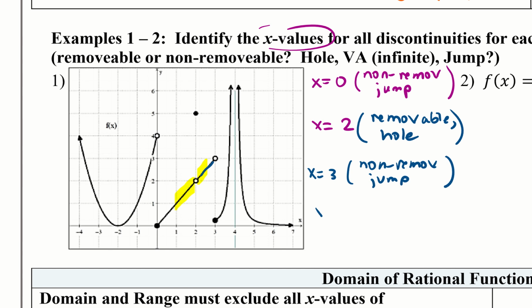The last one I have is at x equals 4, and this is a type of non-removable because it is a vertical asymptote, which some people describe as an infinite discontinuity. I'm going to ask you for now to put both descriptions, vertical asymptote and infinite, and I don't remember which it says in your textbook for the Math Excel.